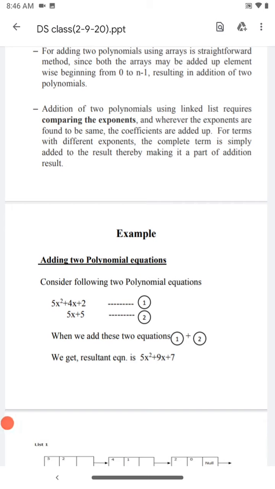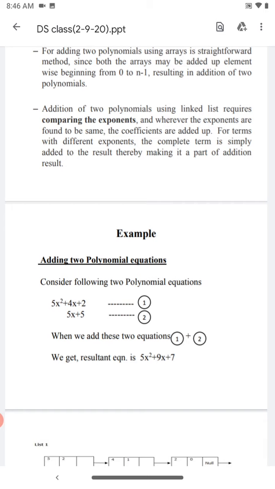We are going to add two polynomial equations. These two polynomial equations have some terms, and each term has a coefficient and an exponent. Our aim is to add these two equations. If the exponents are the same, we can add the coefficients.